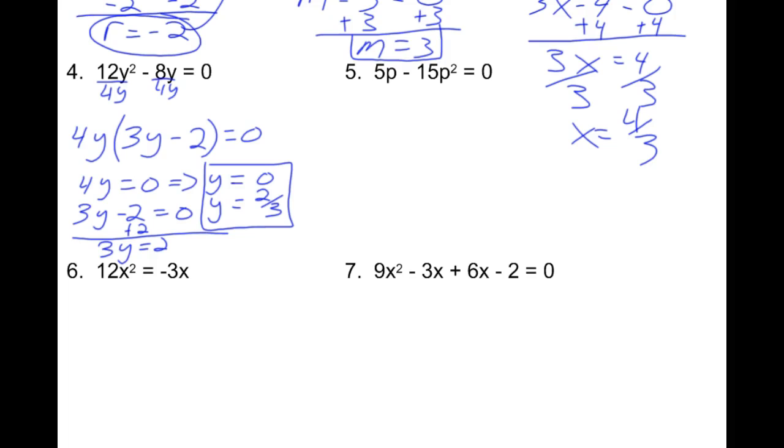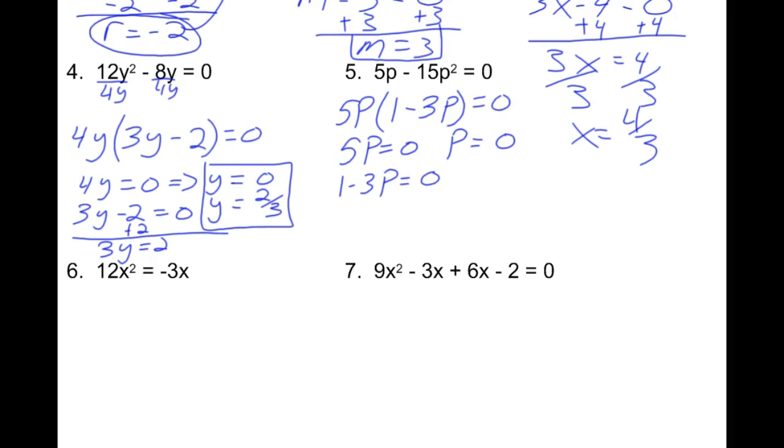Okay, so on number 5, I'm going to factor out a 5p, and that's going to be 1 minus 3p equals 0. So for 5p equaling 0, that means p is equal to 0. And 1 minus 3p equals 0. That means I subtract 1 from both sides. I get negative 3p is equal to a negative 1.